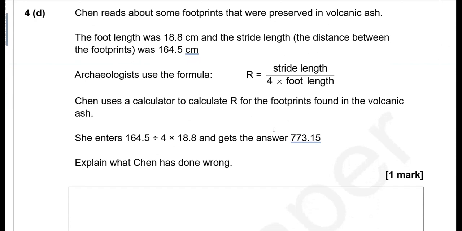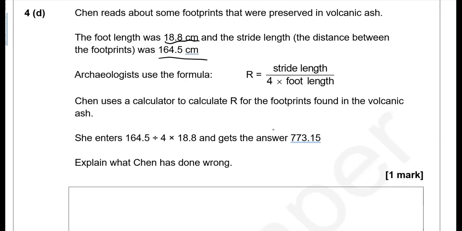Chen reads about some footprints that were preserved in volcanic ash. The foot length was 18.8 centimeters, and the stride length, which is the distance between the footprints, was 164.5 centimeters.